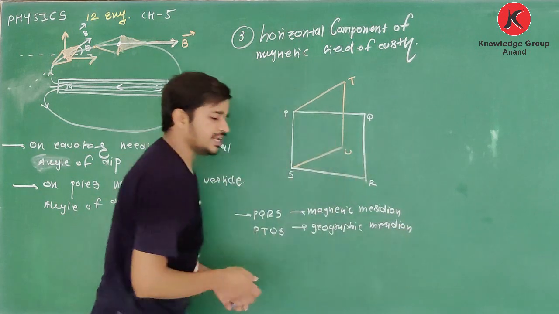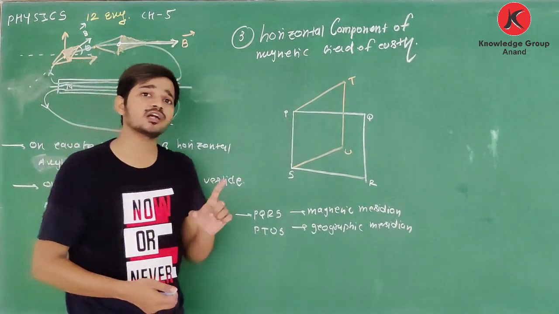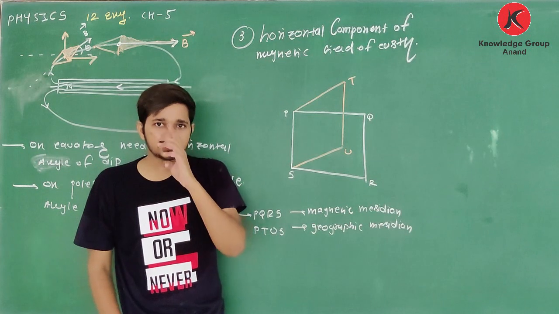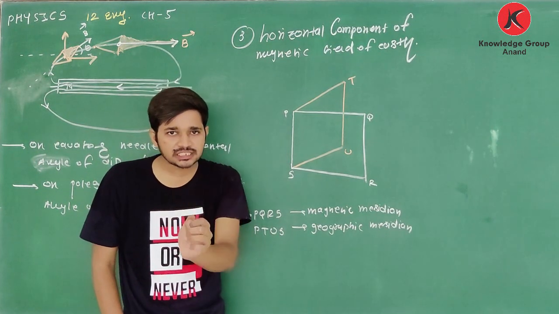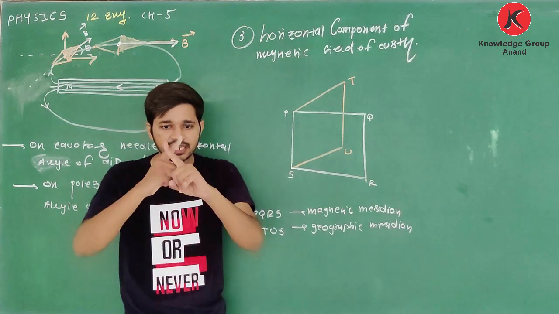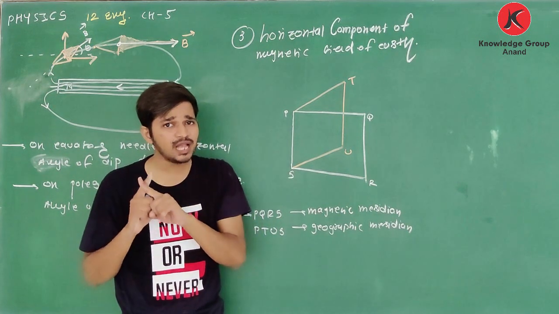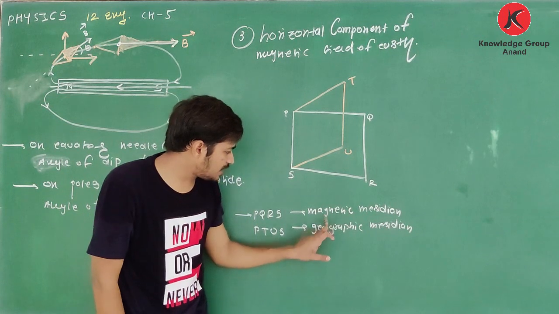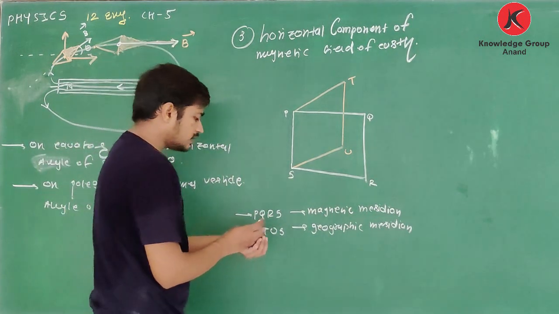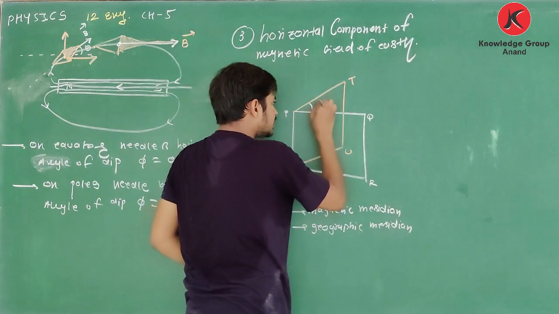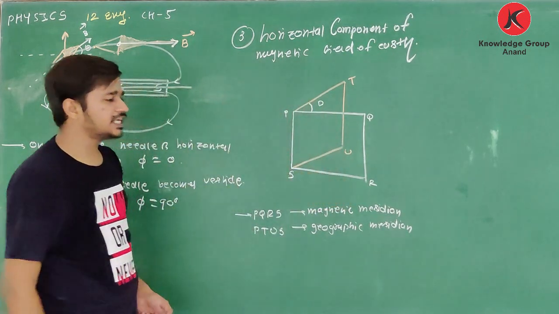Okay, yes, we have discussed the first case. What is the angle of declination? Angle of declination means we know that the magnetic axis and the axis of rotation are not coinciding, but are at some angle. So obviously the magnetic meridian and geographical meridian are at some angle, and the angle between them is called declination. Yes or no?